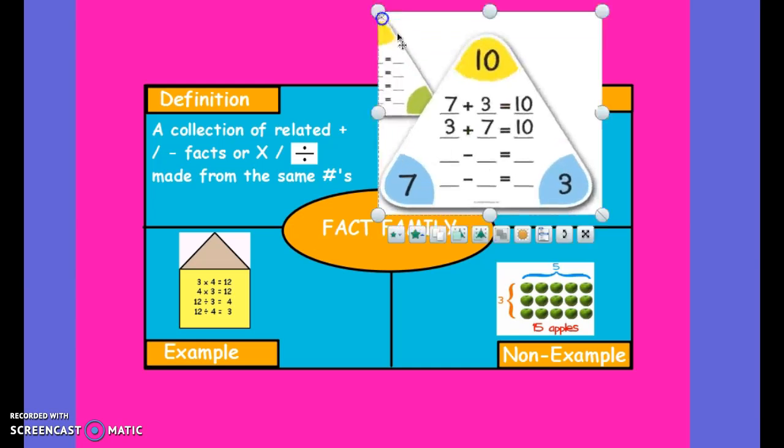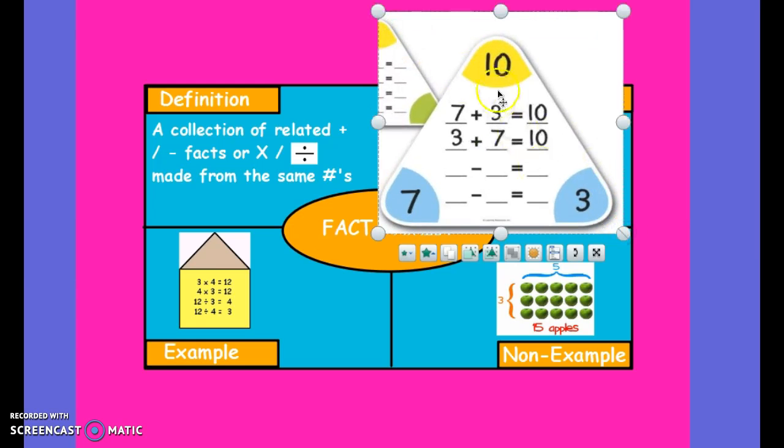Here's my picture of an addition-subtraction fact family with 10, 7, and 3. We can have 4 number sentences that get me the same exact answers. 7 plus 3 is 10, 3 plus 7 is 10. That's the commutative property of addition that tells me that works. 10 minus 7 would get me 3, and 10 minus 3 would get me 7.